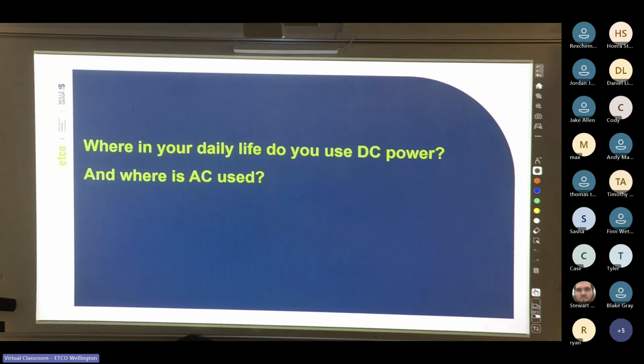Cool. So that's a basic explanation of AC versus DC. Just on the topic of high voltage DC, can anyone tell me where we have that in New Zealand? Yeah, Haywards to Benmore. So you learn about this. Yes, it comes up in year 2.